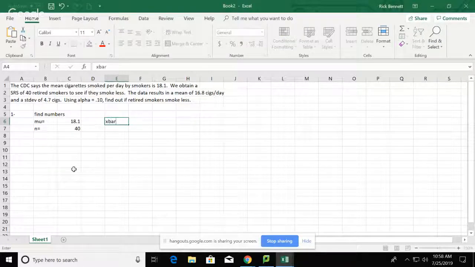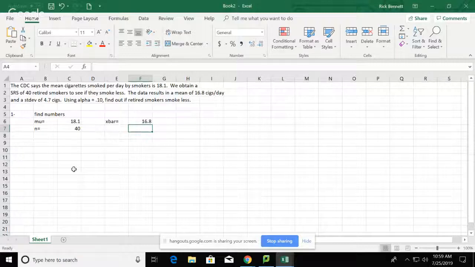X bar. Why is it X bar and not mu? Because it comes from a sample of 40, right? 16.8 cigarettes per day and a standard deviation of 4.7. The standard deviation within the sample is 4.7. It was in the sample, so we call it S. It's not sigma this time. This is S. Okay.